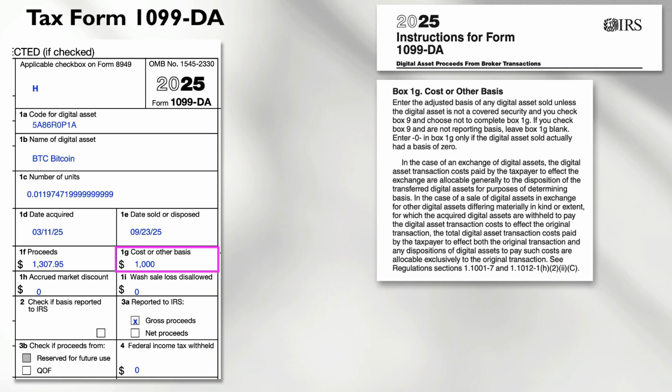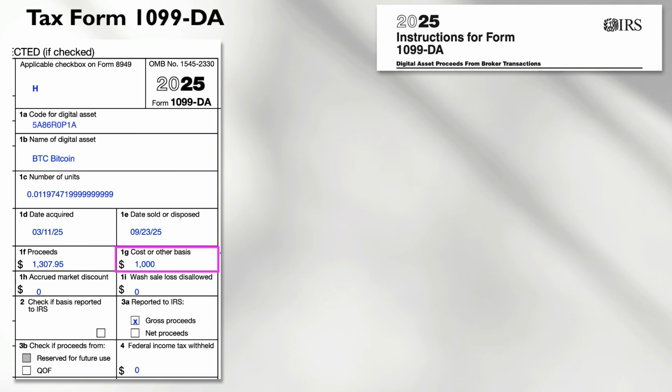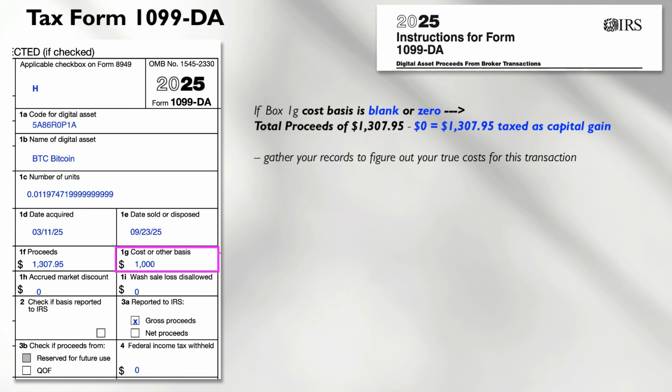Cost basis information is shown in box 1G. However, for tax year 2025, this box may be blank because brokers are not yet required to report cost basis. If your cost basis is missing or shown as 0, the IRS expects you to track it yourself.